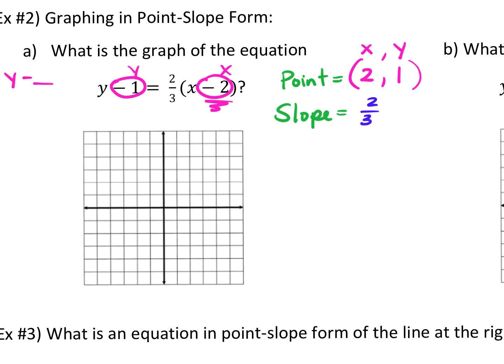If you start with the slope, where are you starting from? We don't know. So start with the point, okay? This should be the first thing. Then you do the slope after that. So the point is at 2, 1, which would be right here. Where do you move for a slope of 2/3? Up 2, to the right 3, and then you just connect those points.